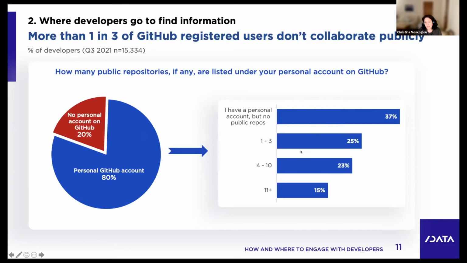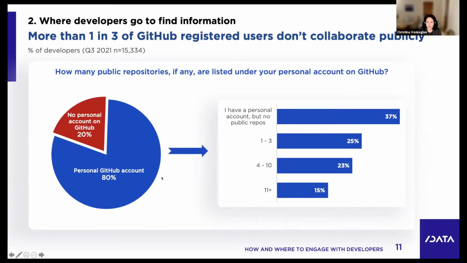What that means is that these people do not contribute code, at least not publicly. They either work on private projects or they're there to learn. They may chat a bit and look for an answer, but they're not contributing with code. They're not collaborating publicly with the wider developer community out there. Therefore, this is yet another angle showing that in a sizable chunk of the population, they go to get information.